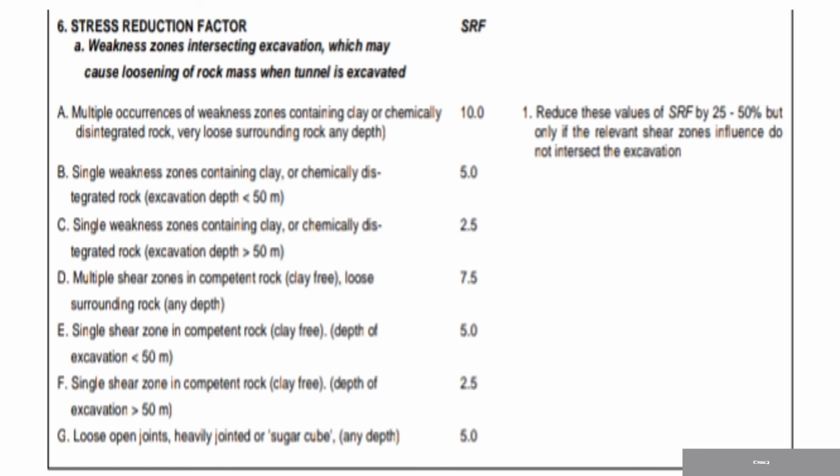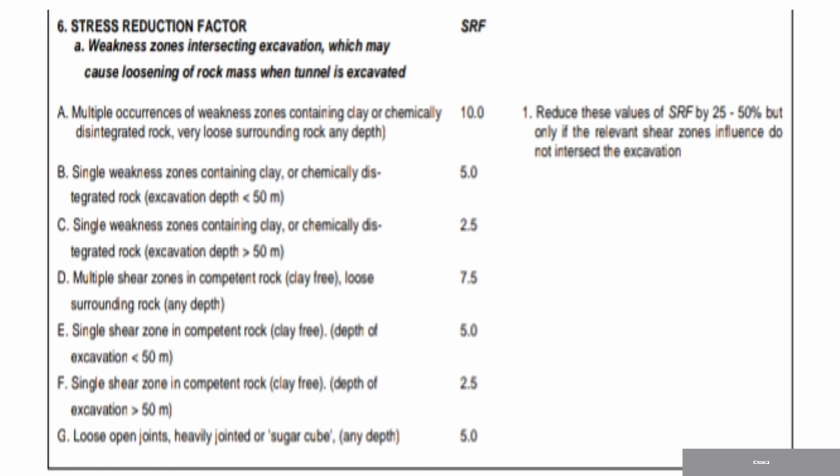Stress reduction factors. Multiple occurrences of weakness zones containing clay or chemically disintegrated rock, very loose surrounding rock at any depth, then the stress reduction factor is given as 10. Loose open joints, heavily jointed or sugar cube rock at any depth, then the stress reduction factor is given as 5.